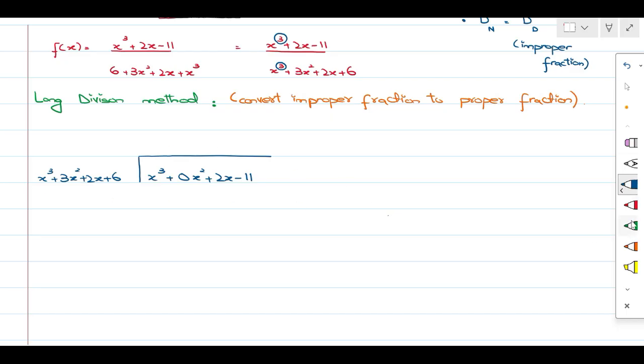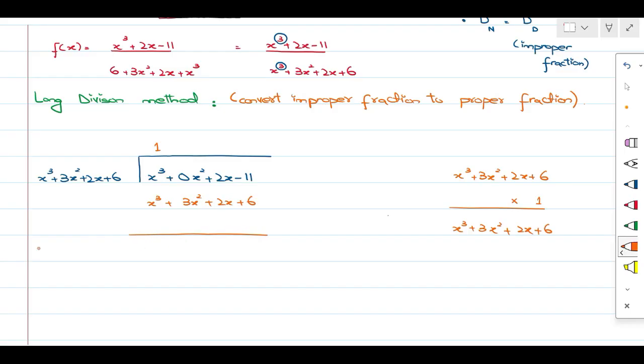So the first term, we have x cube plus 3x square plus 2x plus 6. It is going to multiply by 1 to make x cube plus 3x square plus 2x plus 6, right? And then we can easily cancel x cube. Now we have to subtract it.